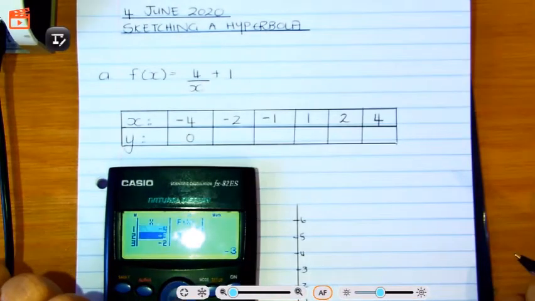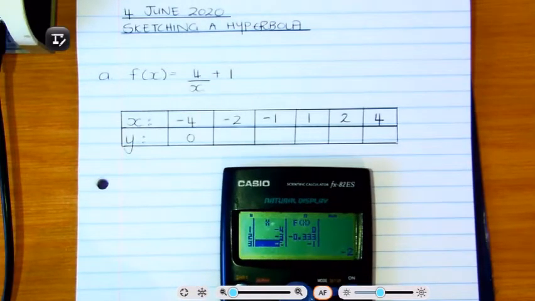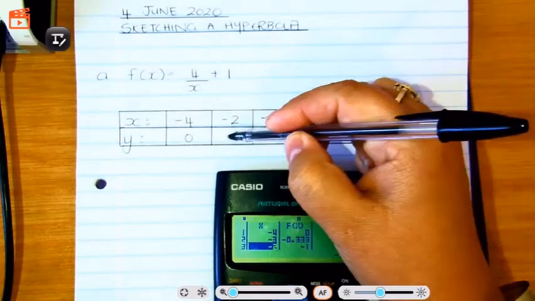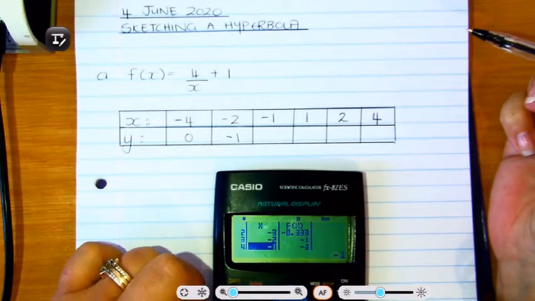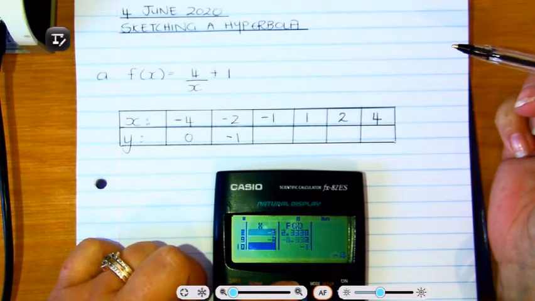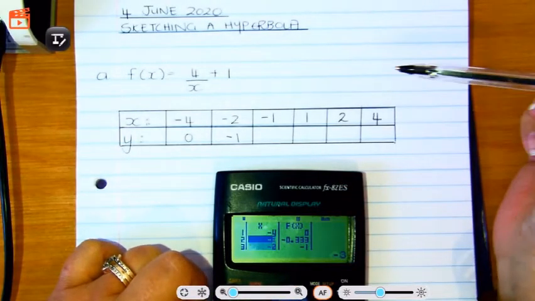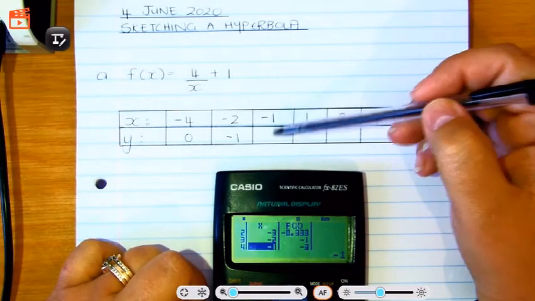I'm going to skip negative 3. I'm going to go to negative 2, which is negative 2 and negative 1. Negative 1 and negative 3.